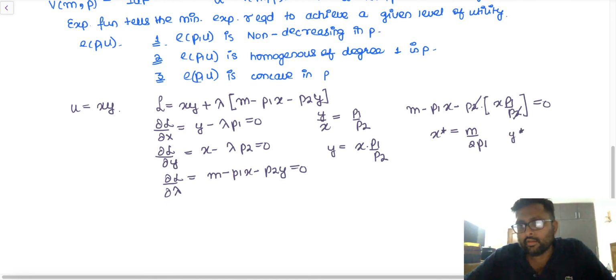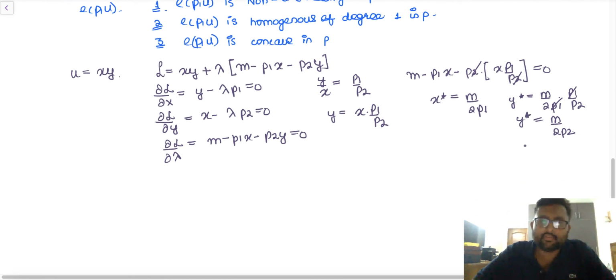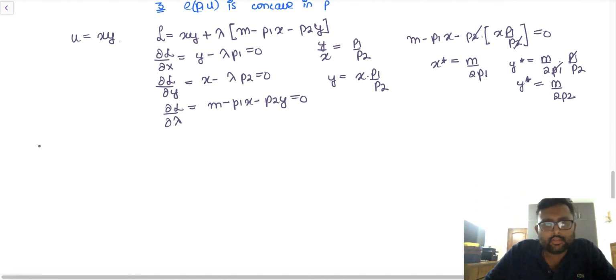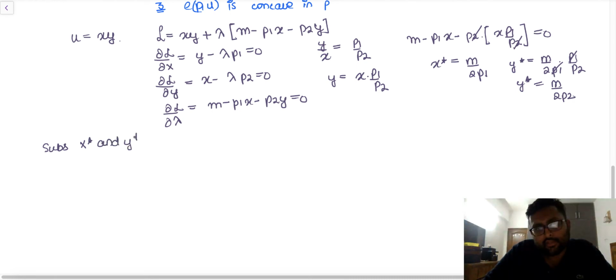What about y? You substitute m by 2 p1 into p1 by p2, and this gives you m by 2 p2. So y star is this. These are the Marshallian demands. Now you substitute x star and y star in U: in place of x you write x star, in place of y you write y star.